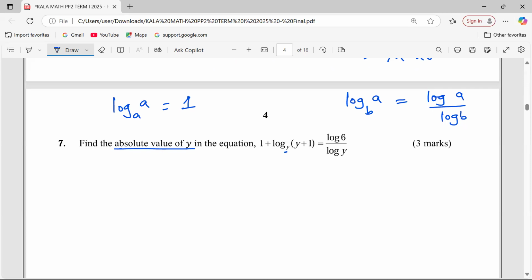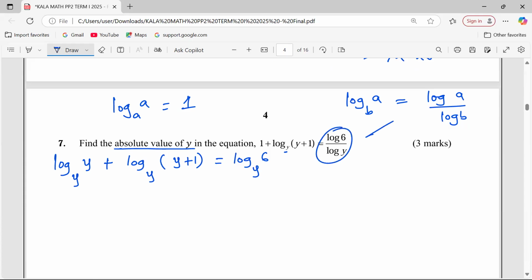So instead of 1, you can write log of y to base y plus the log to base y of y plus 1. This is equivalent to the log of 6 to base y. So I've applied this law that way.